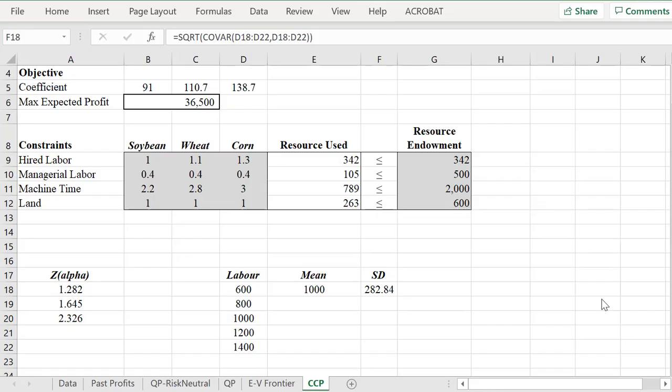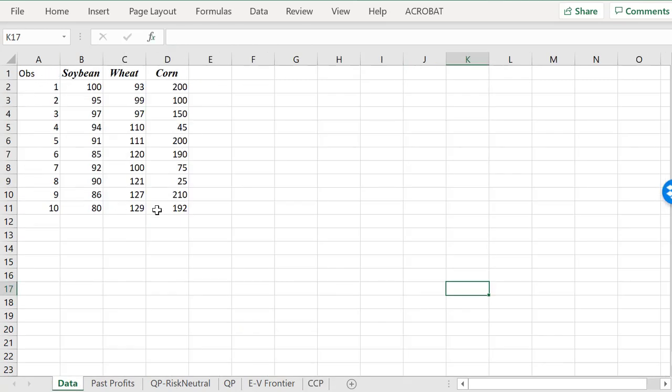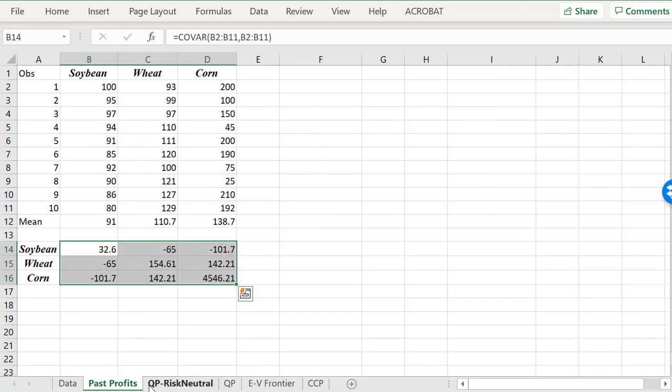Okay, so here is the CCP Excel template for the right-hand side risk. In this Excel, there are several tabs, and the data, which were the profits for the 3 activities. We also calculated the mean here, and also the variance covariance table. This is all we covered in the last lecture.